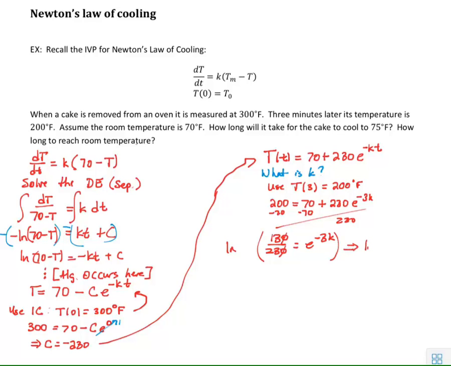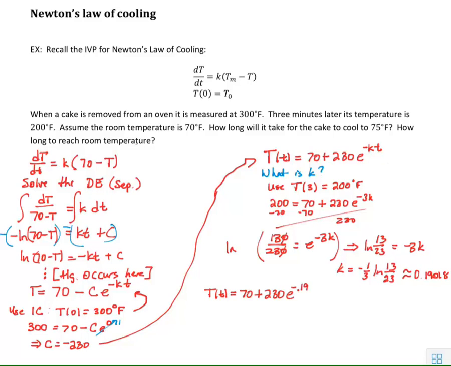That's going to give us that the natural log of 13 over 23 is equal to simply negative 3k, because natural log of e to the negative 3k cancels and leaves a negative 3k. Divide the negative 3 across, and k is then negative 1/3 of the natural log of 13/23, or approximately 0.19018.